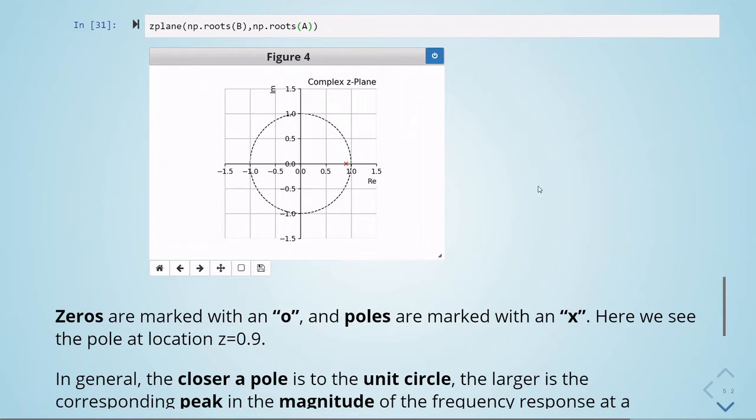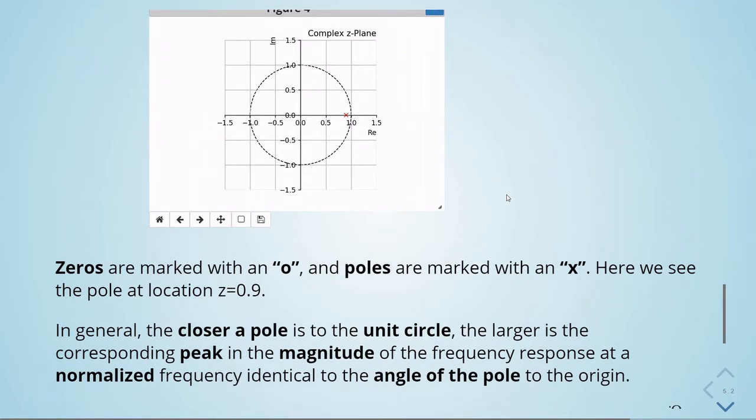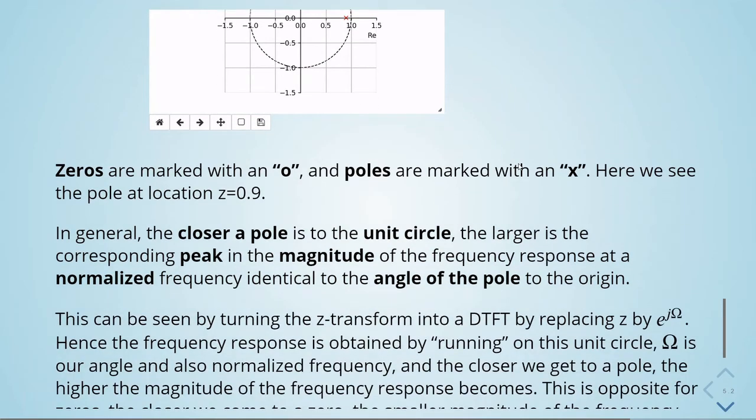So zeros are marked with a circle and poles are marked with an X, and here we see the pole at the location z equals 0.9. In general, the closer a pole is to the unit circle, the larger is the corresponding peak in the magnitude of the frequency response at a normalized frequency identical to the angle of the pole to the origin.